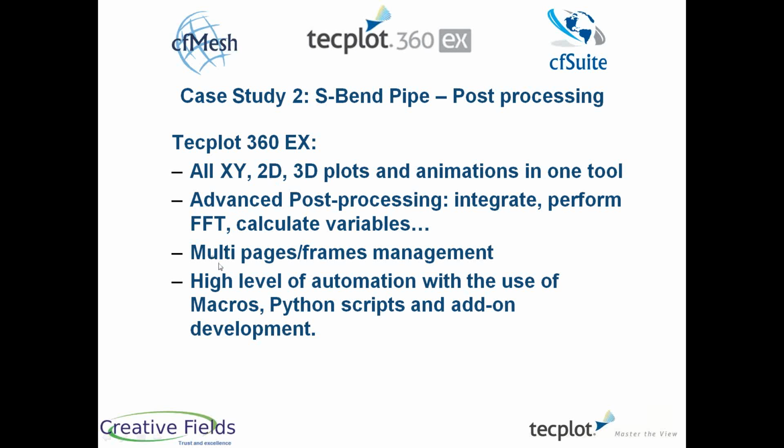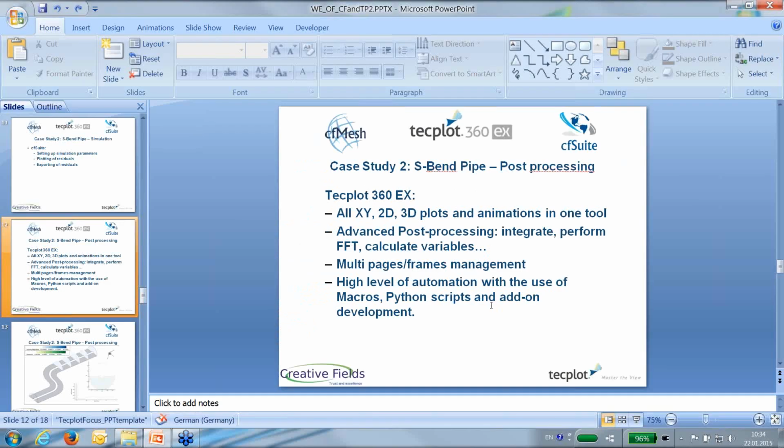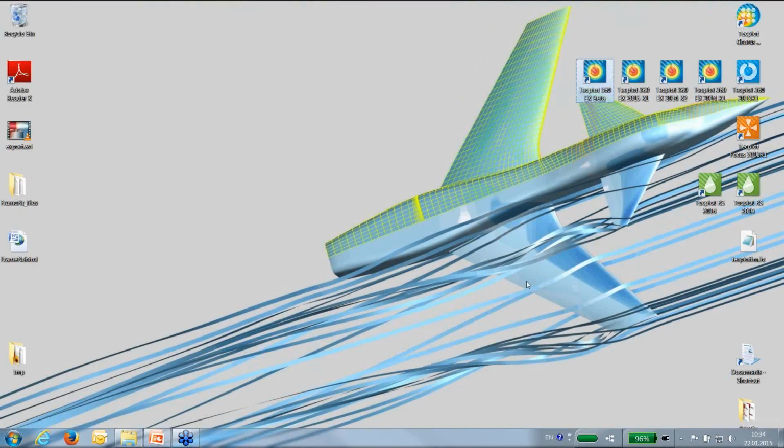You can have many frames and many pages, and we'll open a bit the presentation on the automation of Tecplot using macros or Python scripts. Okay, so I will just launch Tecplot.